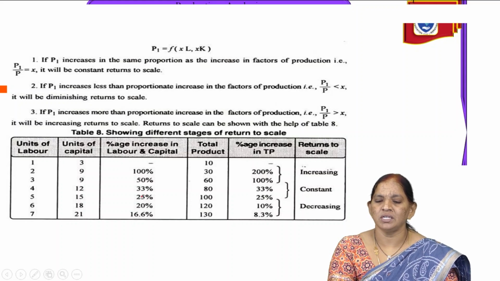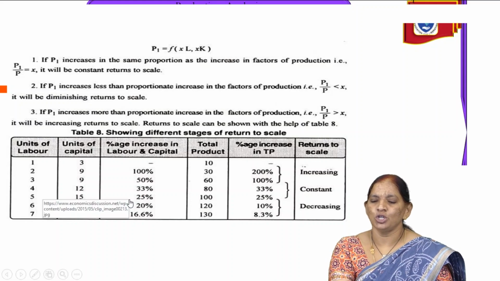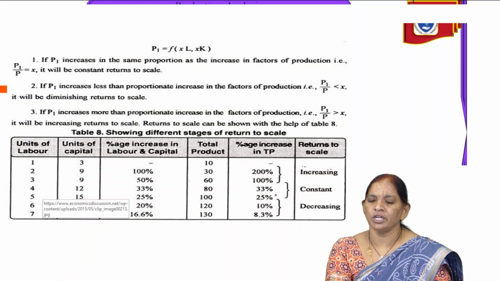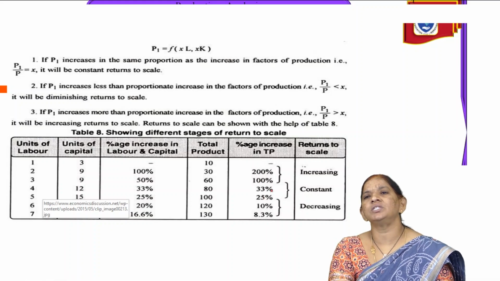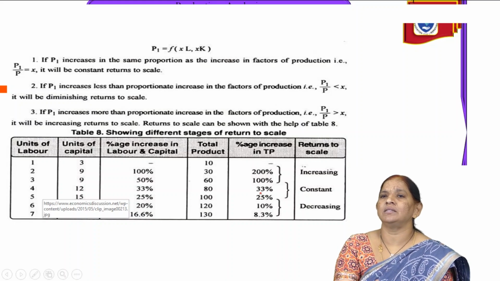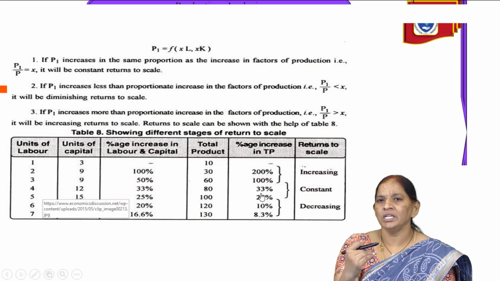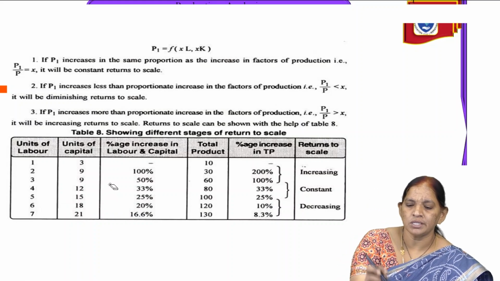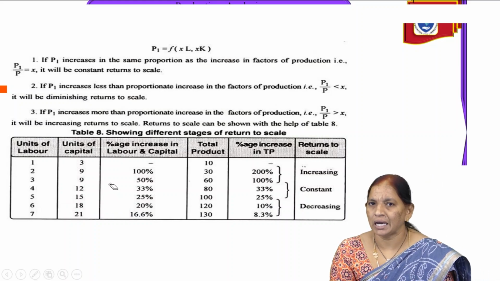So at the second stage, the increase in total production falls from 100 units to 33 and 25. Some constancy is there, and it is also decreasing in some parameters.